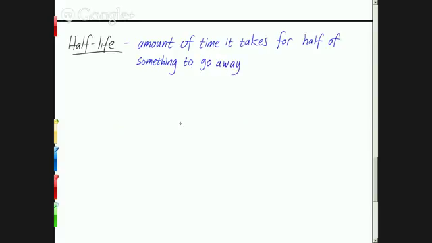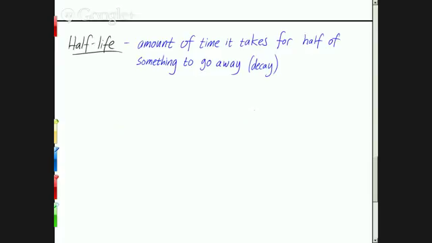We don't actually mean that something ceases to exist, but it transfers to another form. So for a radioisotope, a radioactive isotope, after half of it has decayed and become something else. Maybe decay is a better word here, in our case. For medicine, it's how long it takes before half of it is metabolized and turned into something else in your body. So it's kind of a general term.